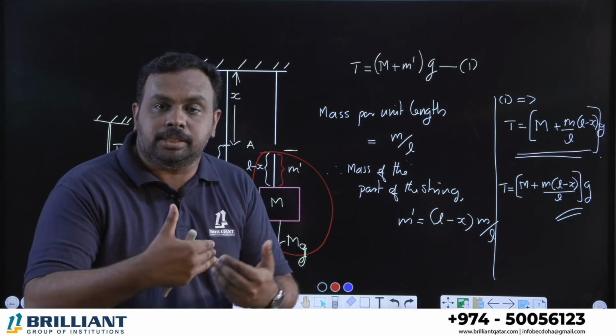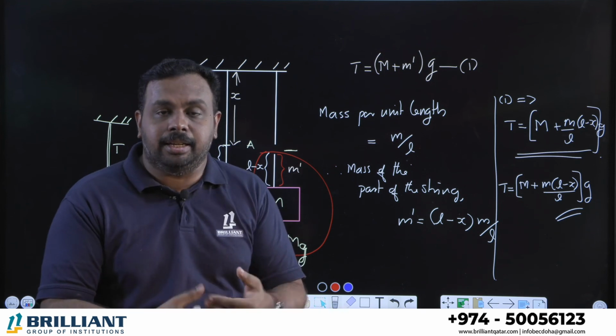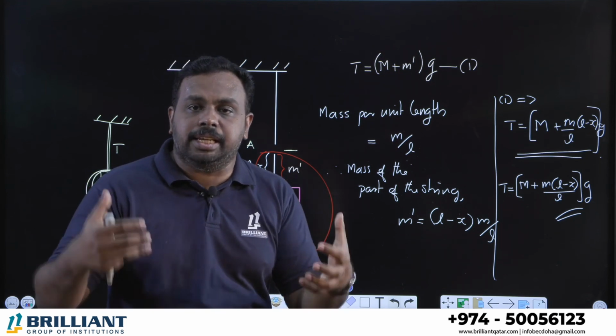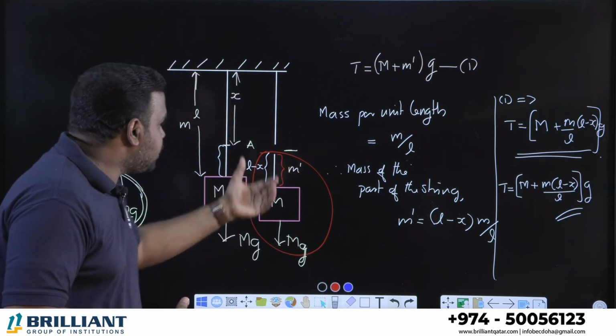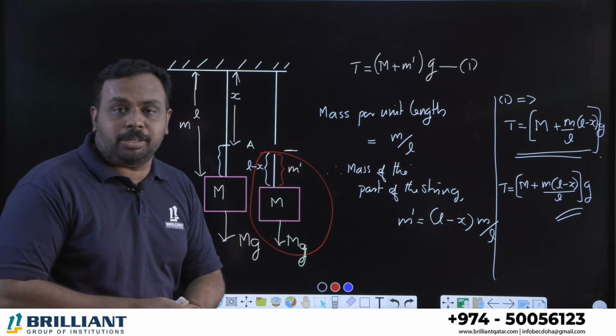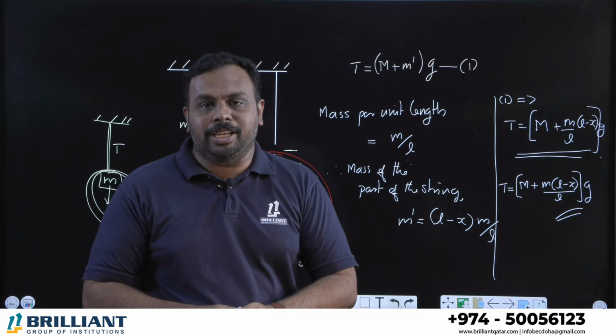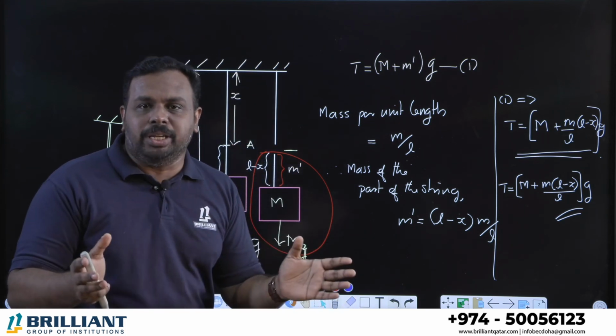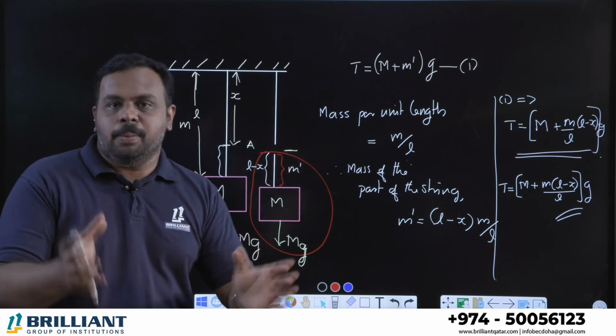Tension will also change. So you can clearly understand, if the mass of the string is taken into consideration, the tension will be different at different points. This is the idea to calculate the tension at any point of a string which has mass.